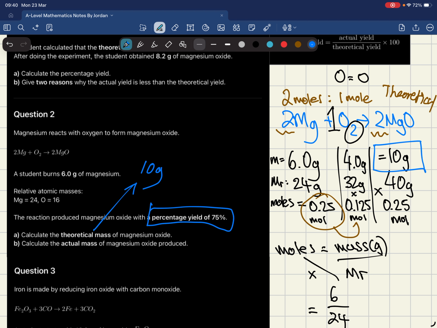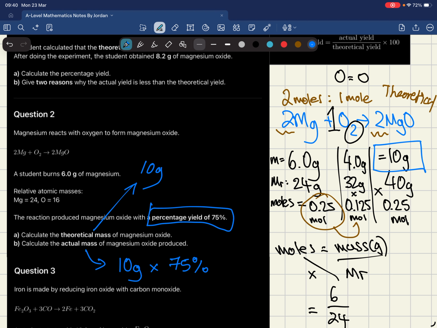Okay. Now, if the percentage yield is 75%, that means that 75% of this would actually come out in real life. So to work out the actual mass, we can just take the theoretical yield and then multiply that by the percentage yield.